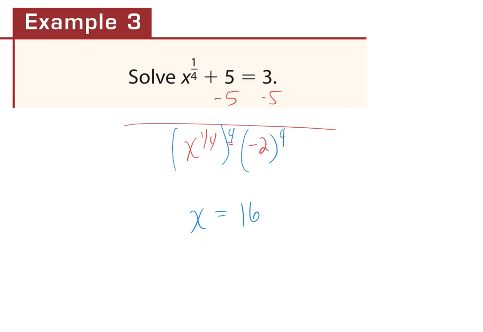If I were to plug this in, I would say, well, 16 to the 1/4 power plus 5 equals 3. Okay? 16 to the 1/4 power, well, that's the fourth root of 16. What is the fourth root of 16? It's just 2, not with real numbers. So it's just 2 plus 5 equals 3.